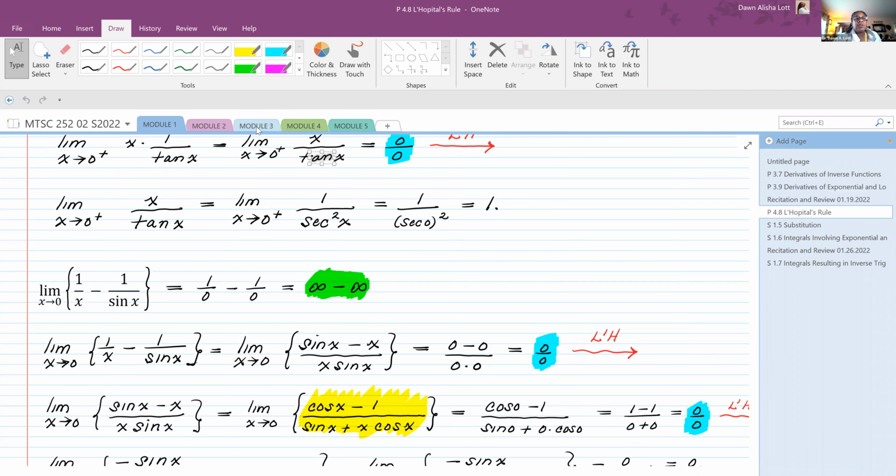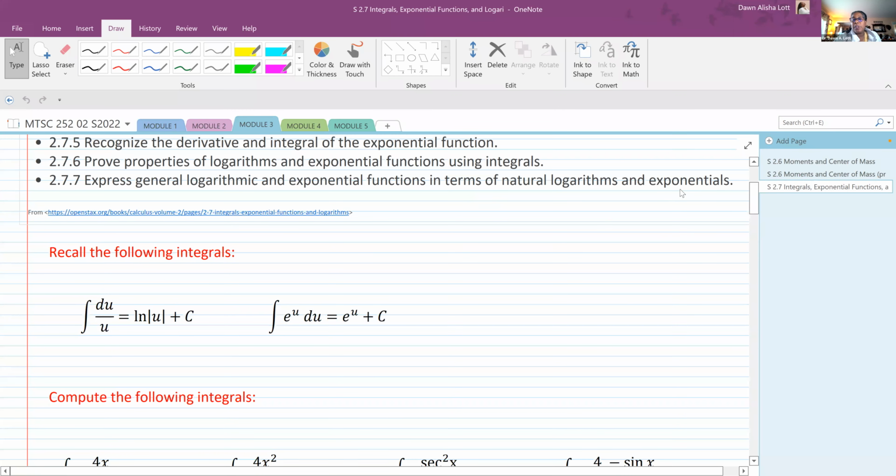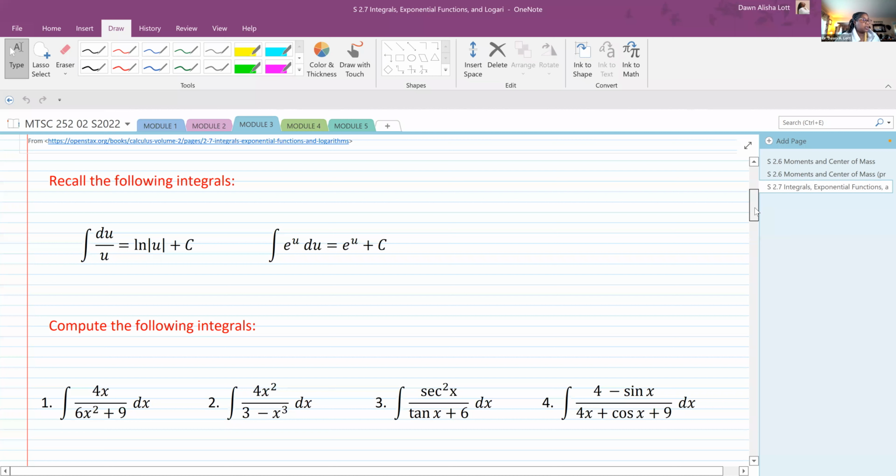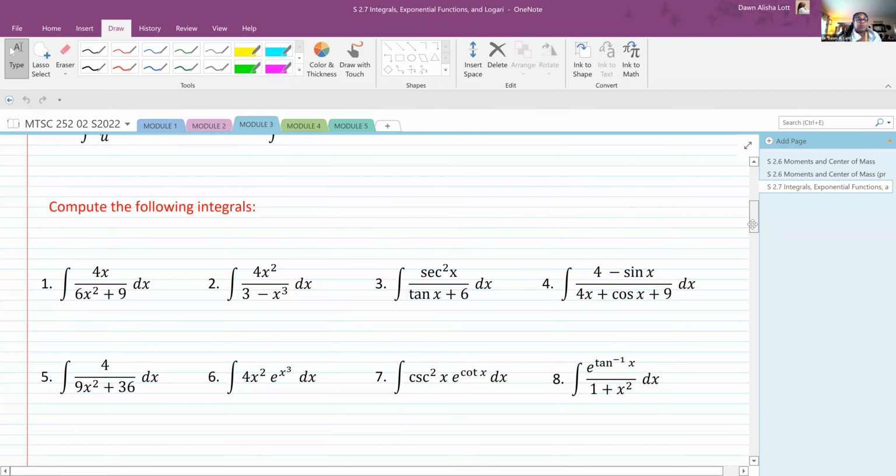So what I want to do is just go through some review in this section. We remember that the integral of du over u is just the log of the absolute value of u plus a constant. And the integral of e to the u is always e to the u plus a constant. So we're going to work through some of these problems.